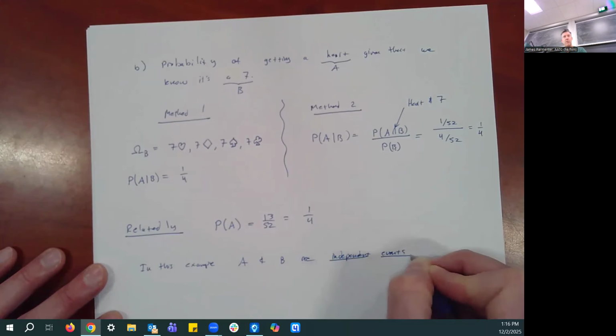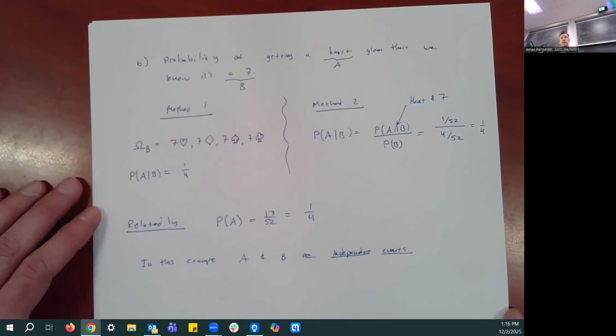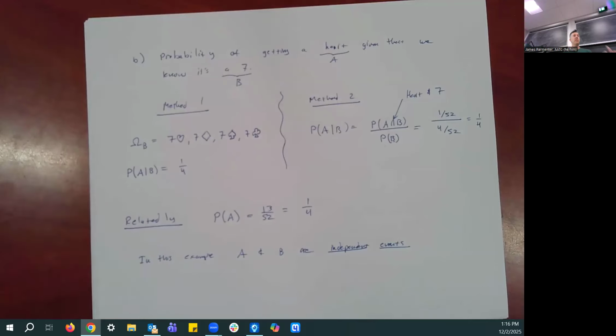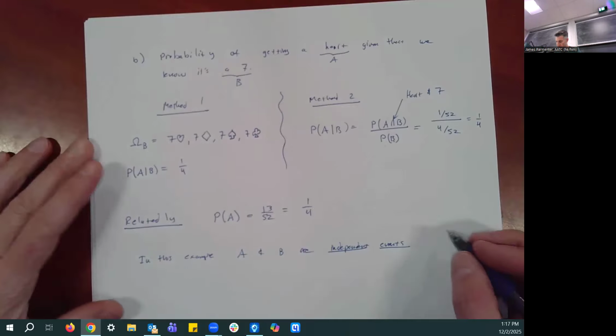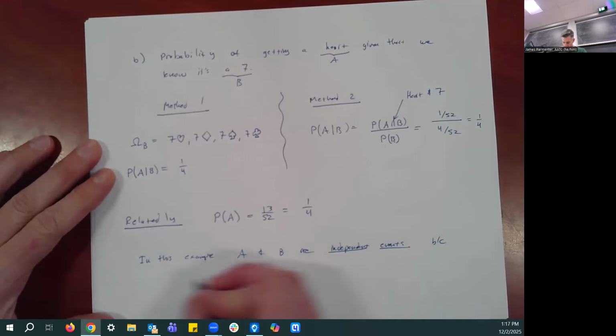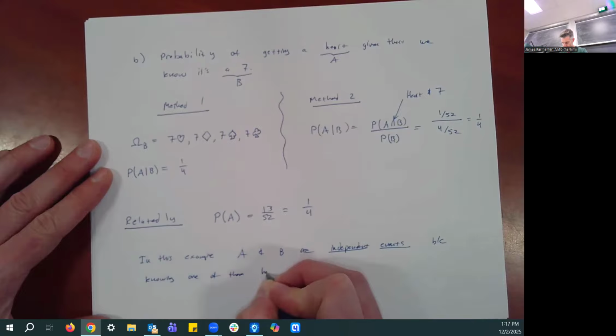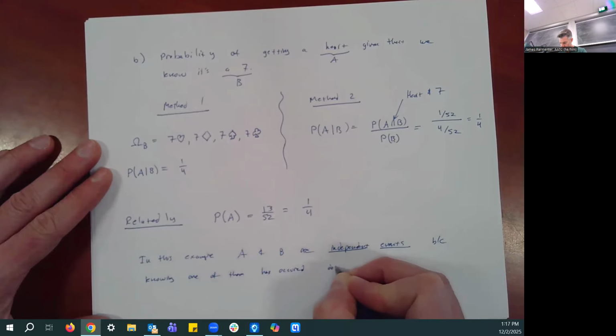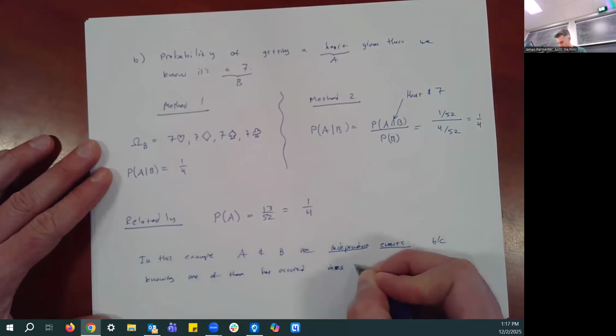The way I would encourage you to think about this is we know two events are independent when knowing one of them doesn't affect the probability that the other one happens. So I'm going to write that down: knowing one of them has occurred does not change the probability that the other one occurs.